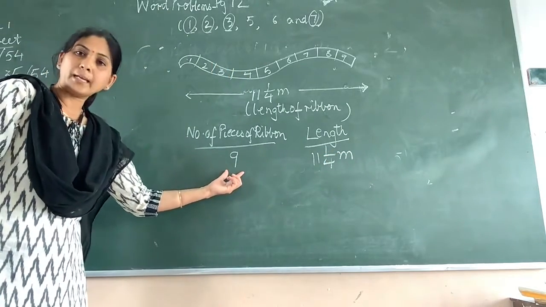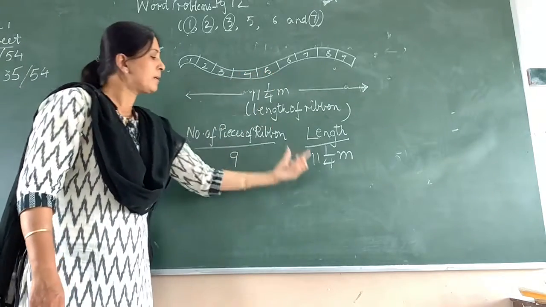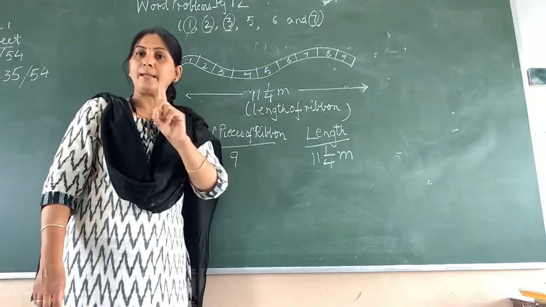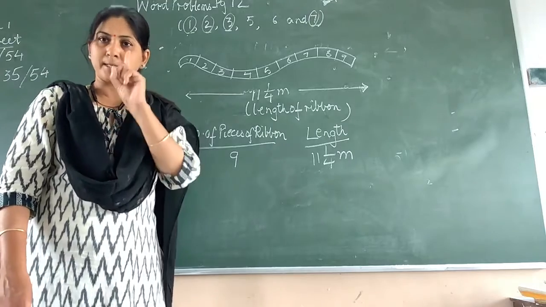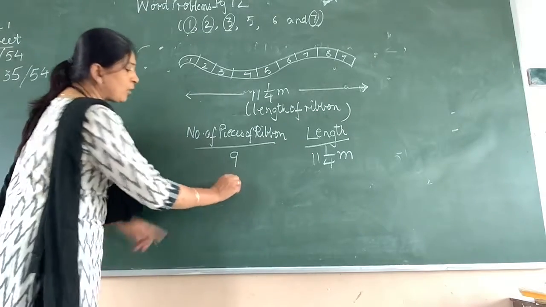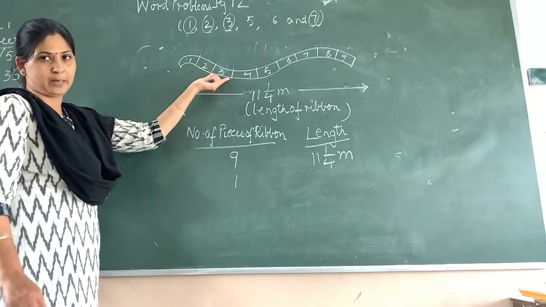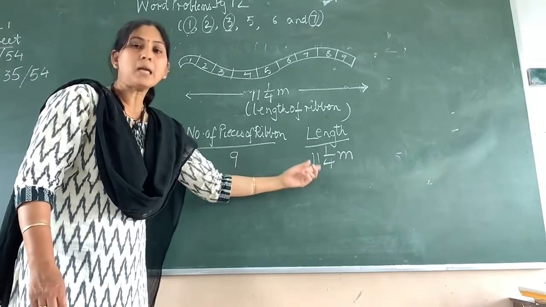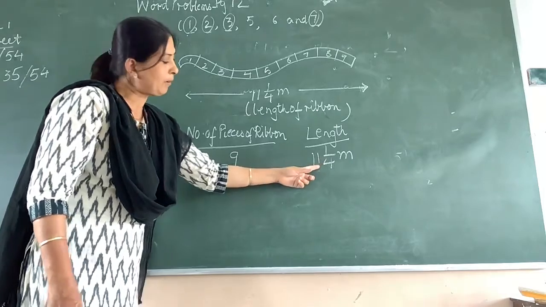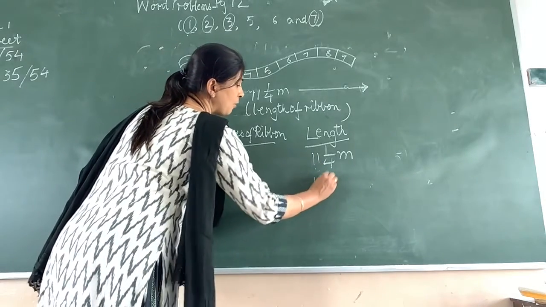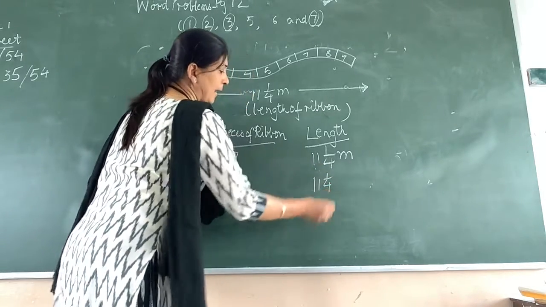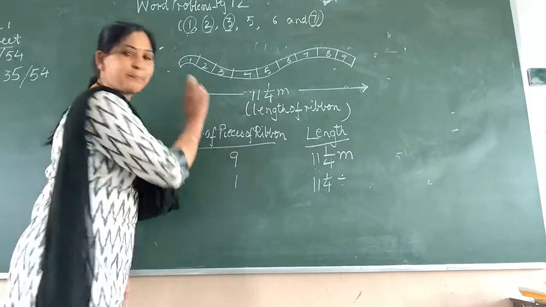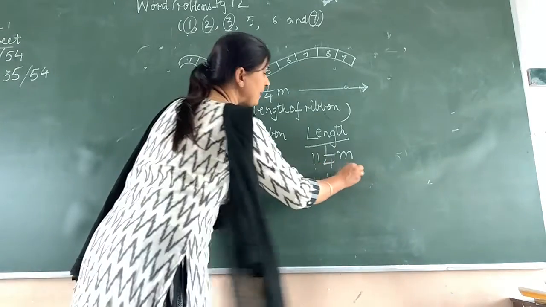We have to find the length of each piece. Each means 1. So length of one small piece of ribbon out of 9 pieces will be less than this. So less we divide. We will write this fraction 11 whole 1/4 and then we will divide it by 9.